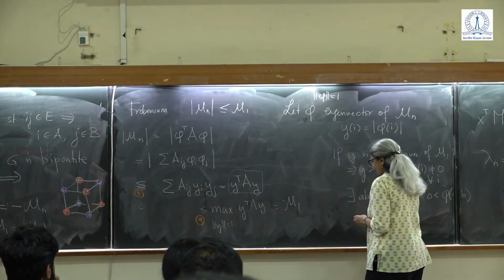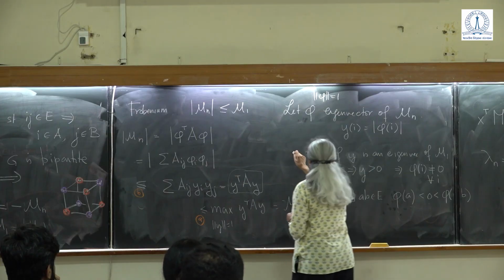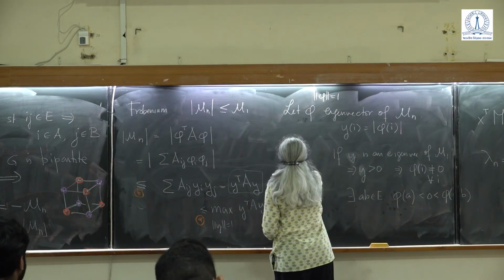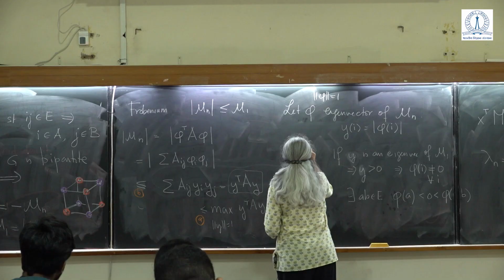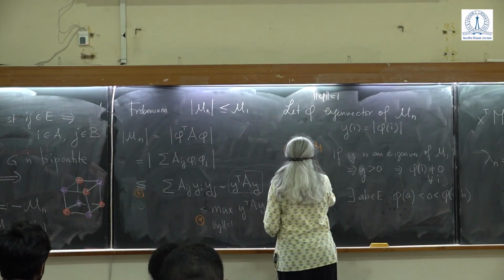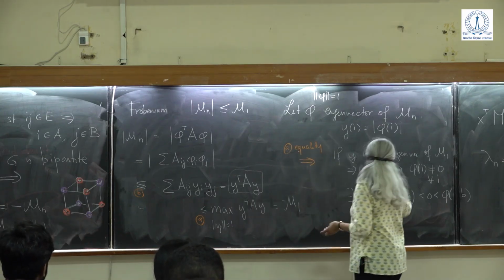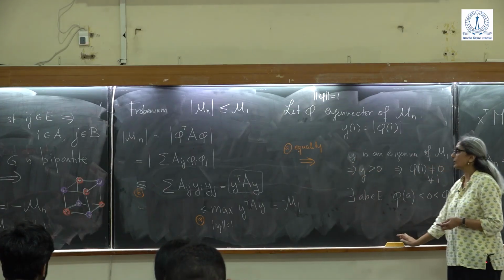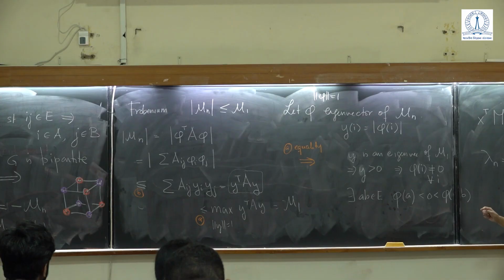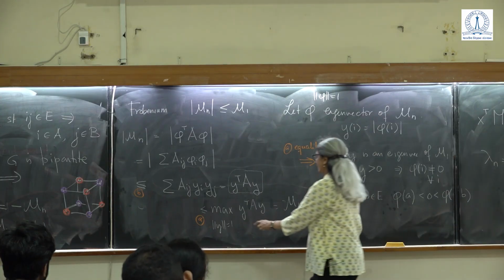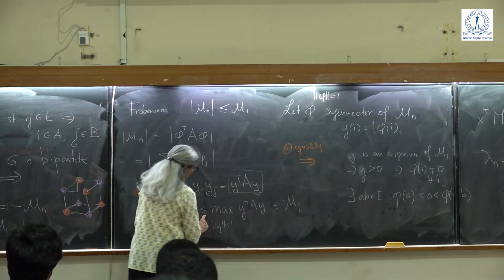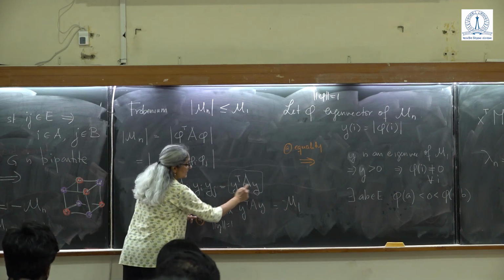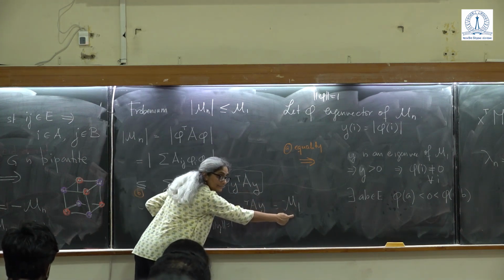So what I want to say is that if we have equality, so if A is an equality, implies y is an eigenvector of mu1. So if you get equality here, that means y must have been an eigenvector of mu1, okay?